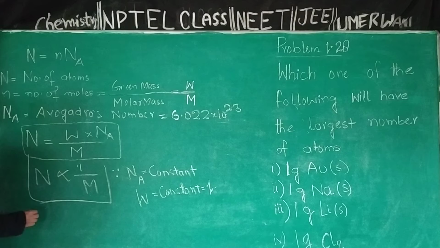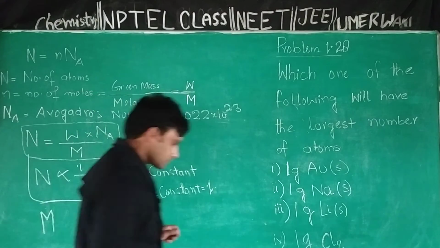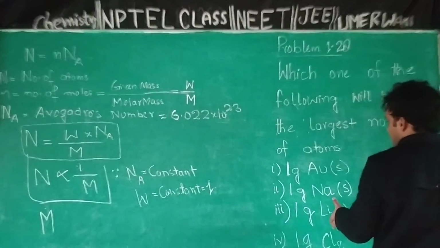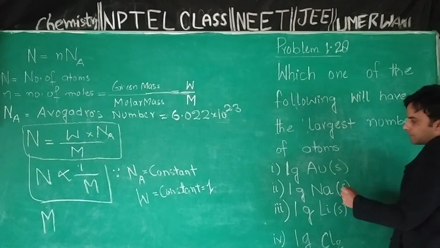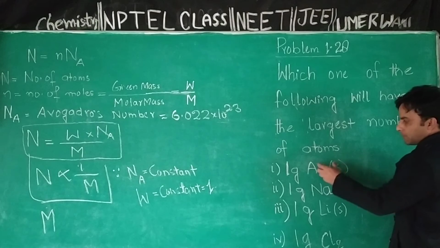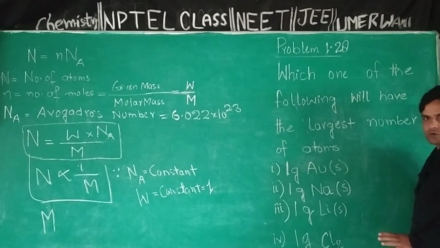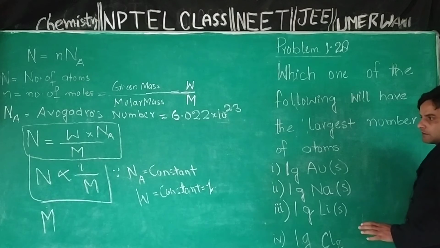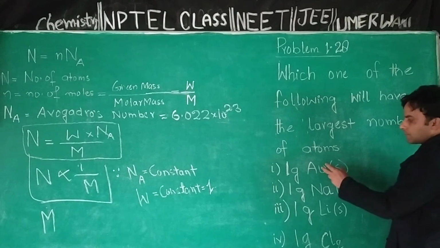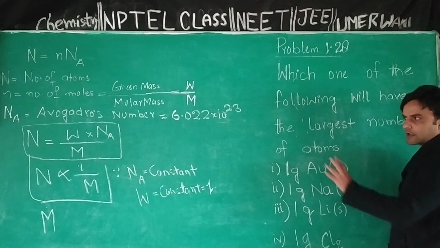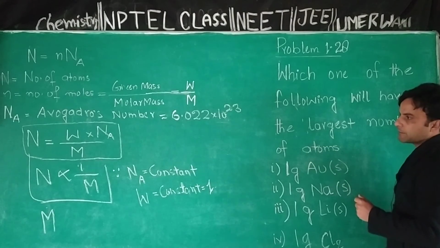Now, I need to have knowledge of values of molar masses of gold, sodium, lithium and chlorine, and on the basis of value of their molar mass I can predict the largest number of atoms.